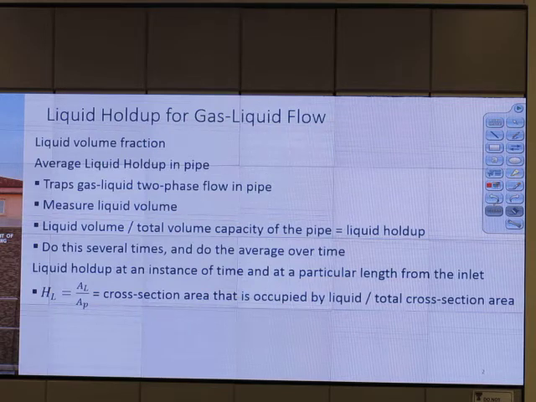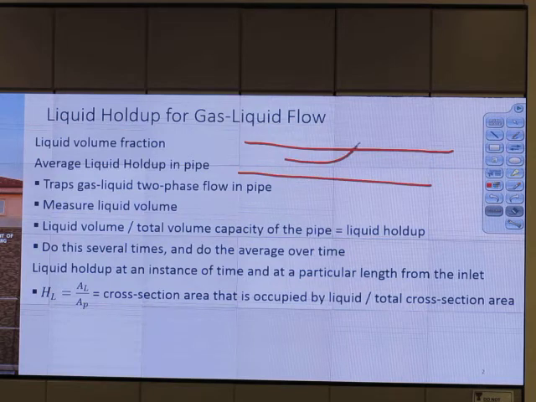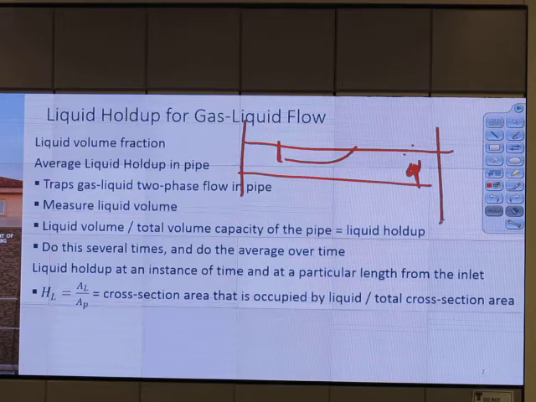So if I have slug flow and my slug front is over here, I trap it, I get a certain liquid volume divided by volume of the pipe, then I get liquid hold up one time. I do it again.